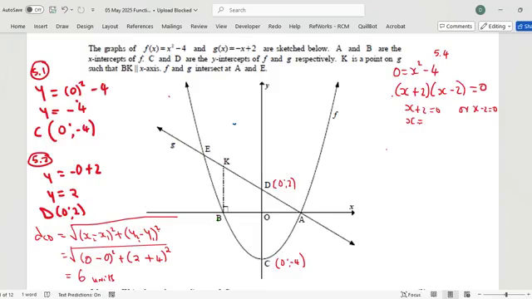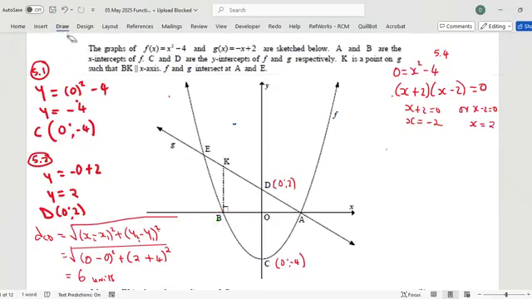Negative 2. And then the other one, x is equals to how much? Positive 2. Looking at the coordinates of B for the x value, is B going to take the positive 2 or the negative 2, and why? The negative 2.